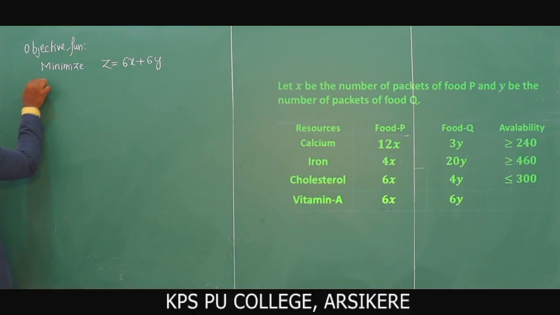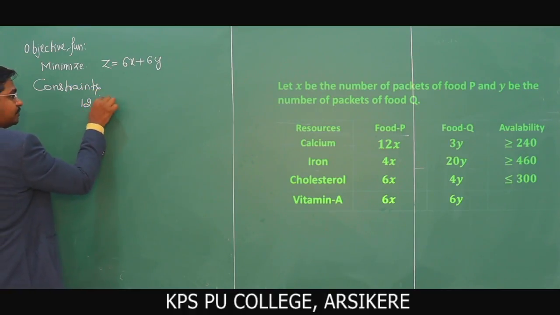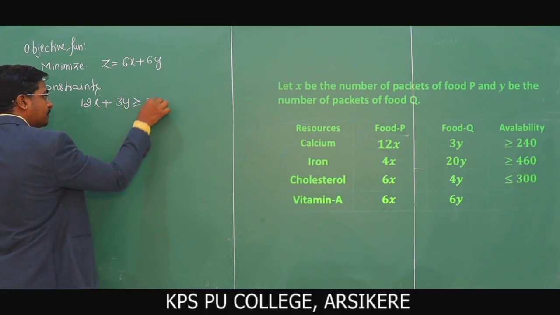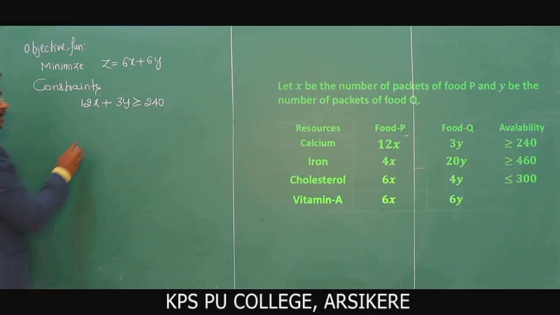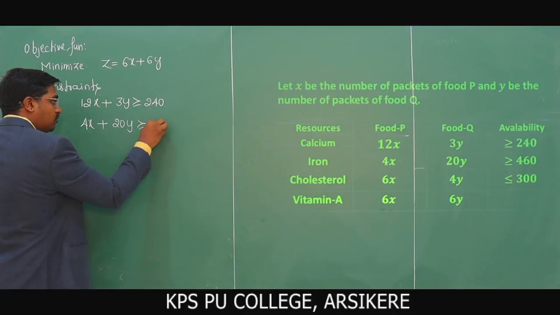So what are the constraints? Let's see the constraints. First one, observe: 12x plus 3y is greater than or equal to 240. Second one, for iron: 4x plus 20y is greater than or equal to 460.